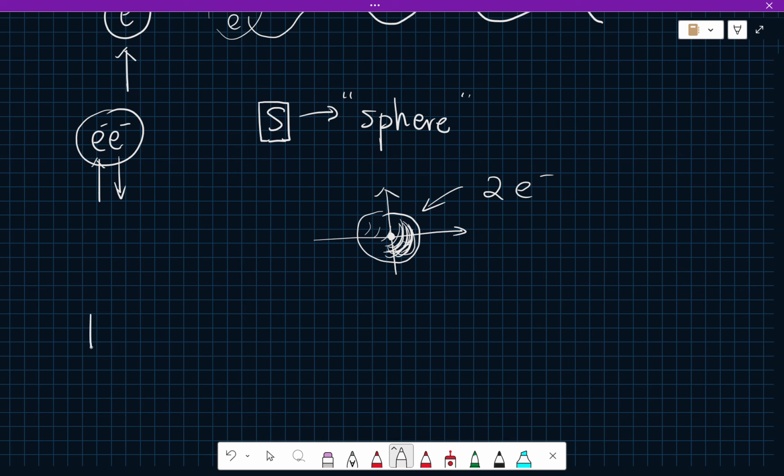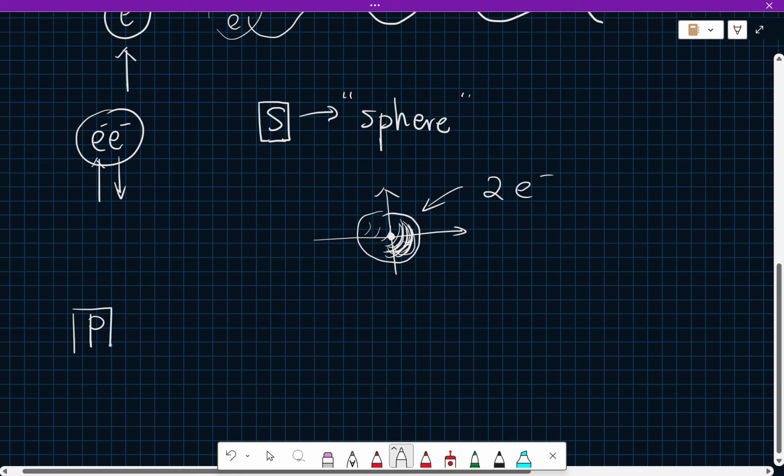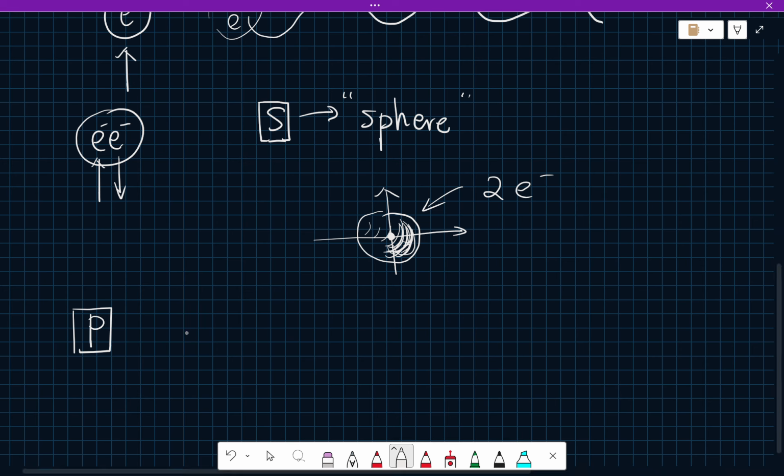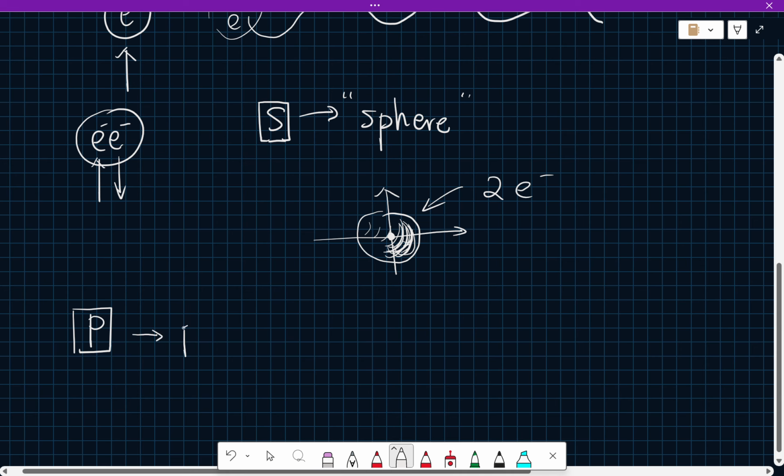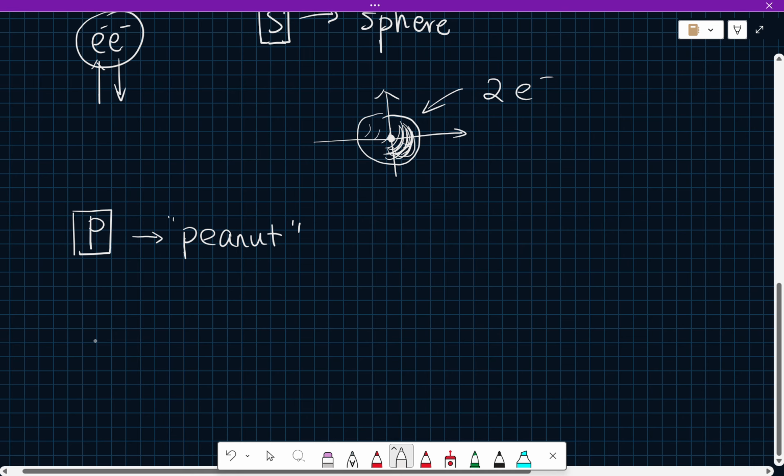The next energy level or orbital will have the p orbital, which we could interpret like peanut. So p orbital will appear starting from n equal to 2 all the way.